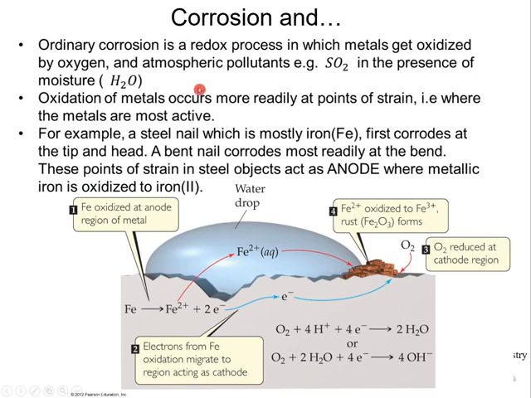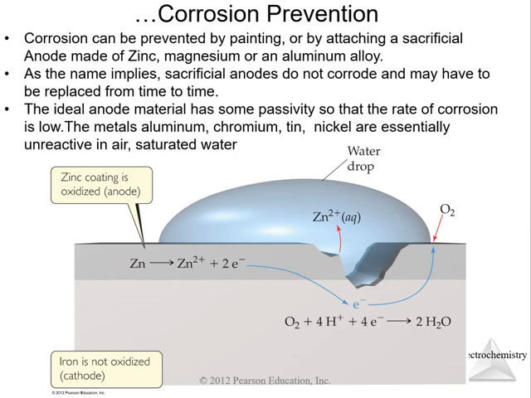Okay, corrosion. Corrosion is when a spot is exposed to air, and those are just examples of oxidation and reduction reactions. You can prevent corrosion by painting and attaching a sacrificial anode made of either zinc, aluminum, or an alloy.